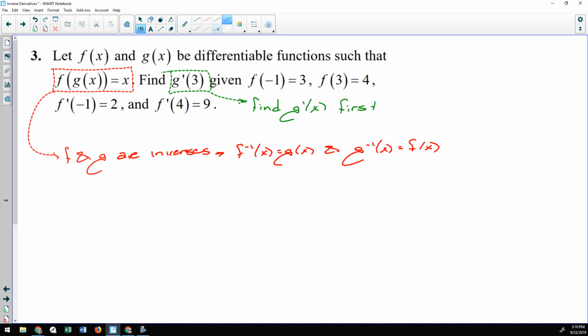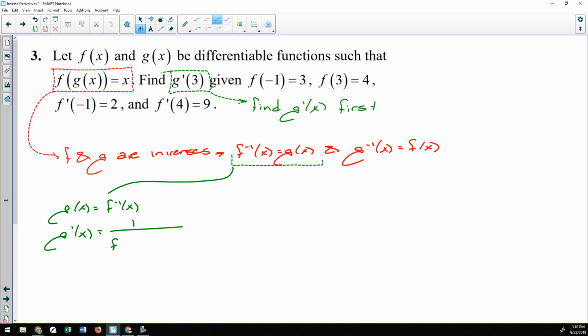The other one, and this is one I'm going to use, is this equation right here, where f inverse is g. So I'm going to go with that. And if g of x is equal to f inverse of x, then that means that g prime of x is the derivative of the inverse, which again is that formula, 1 over f prime of f inverse of x.